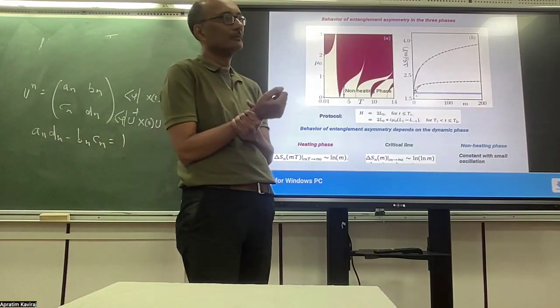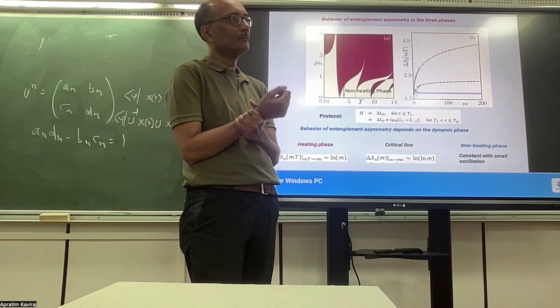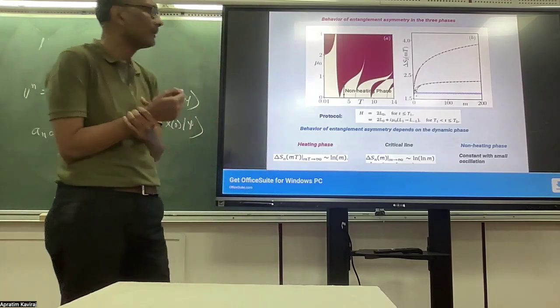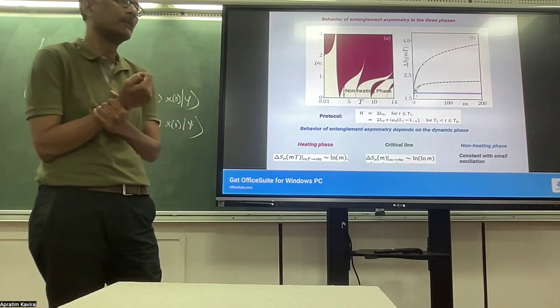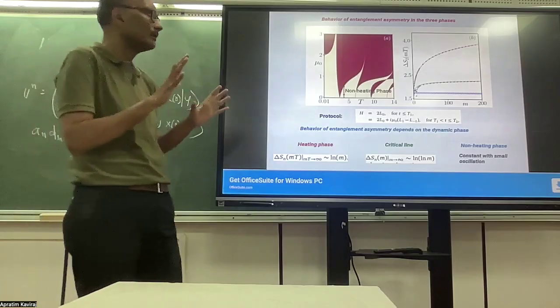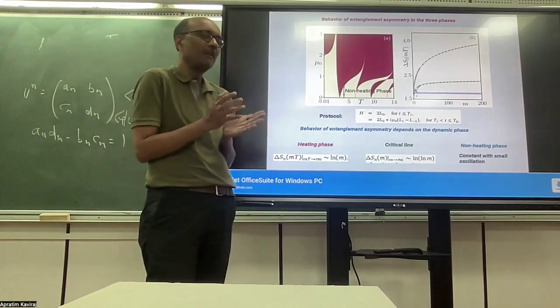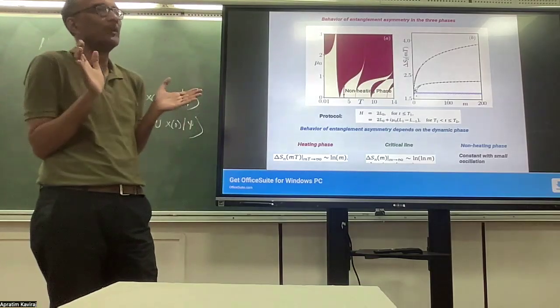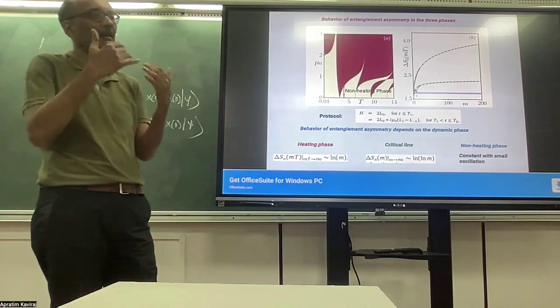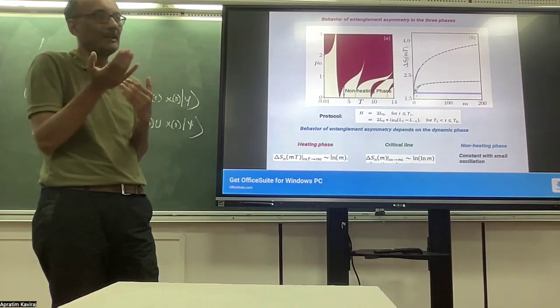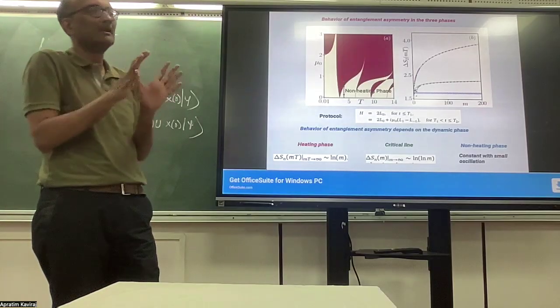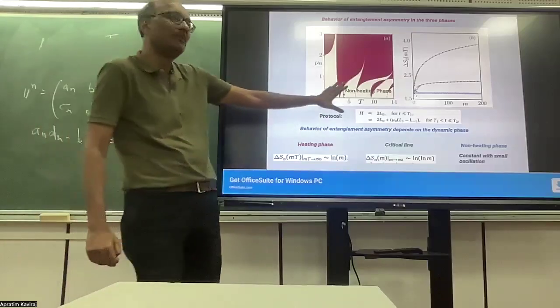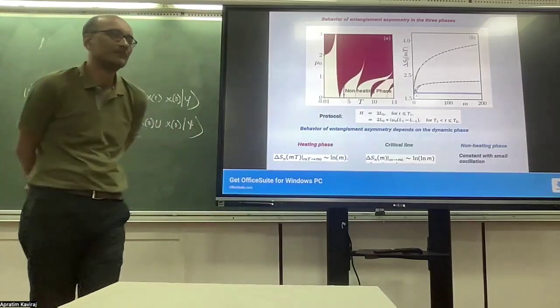You can also be at a quantum critical point. But the equilibrium critical points are not that important, because you are driving, and you are accessing all the states in the Hilbert space. The equilibrium properties do not really play that much of a role here.